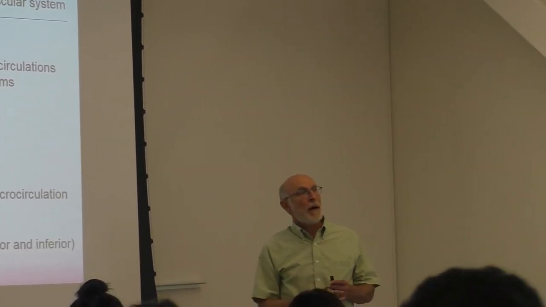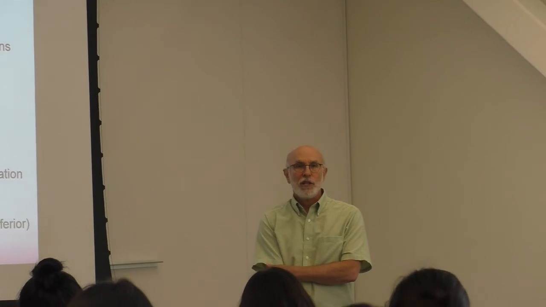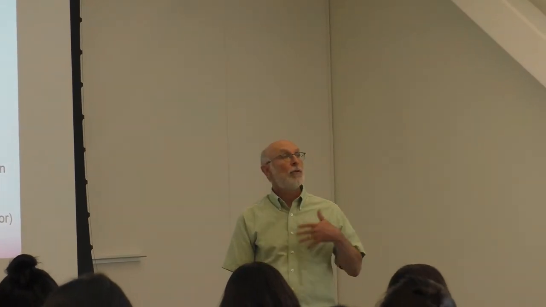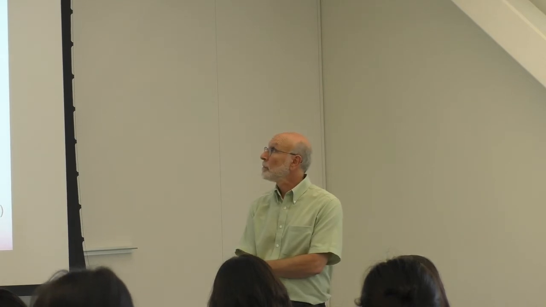So we have to think about two different circulations: the circulation to the lung, called the pulmonary circulation, and the circulation to the body, called the systemic circulation. Pulmonary circulation is blood flow to the lungs, and systemic circulation is blood flow to the body.